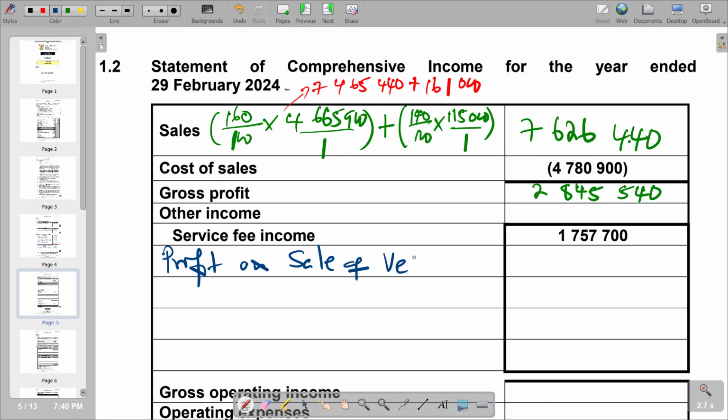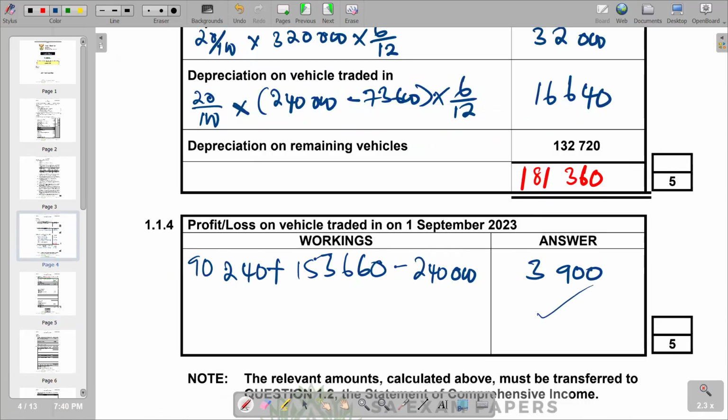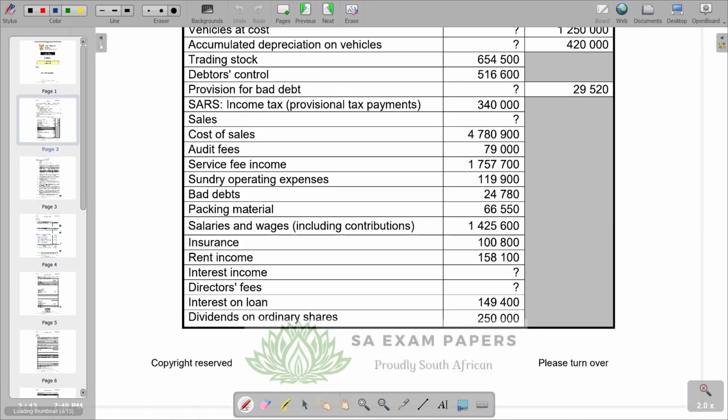So we sold vehicles, and the answer that we got was 3,900, which is exactly as indicated here as our profit on disposal of vehicles. So moving on to another income that we can try to identify, you'd see that we also have rent income, which is here 158,100.